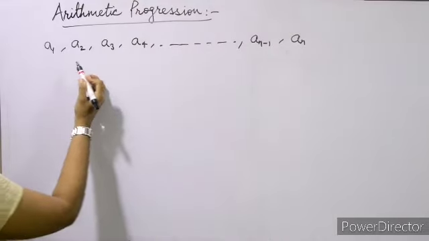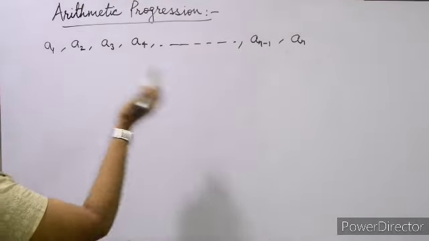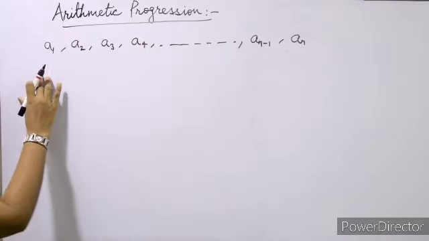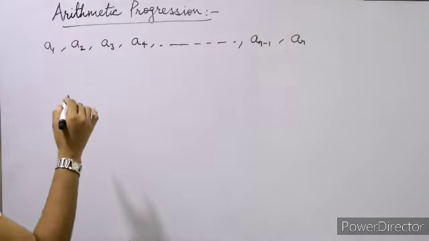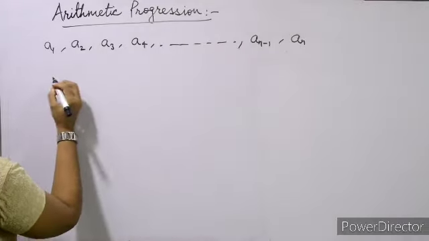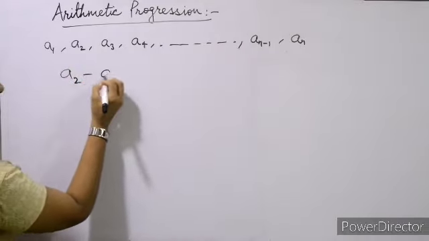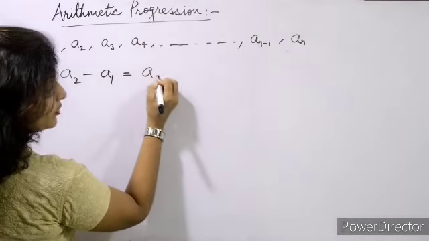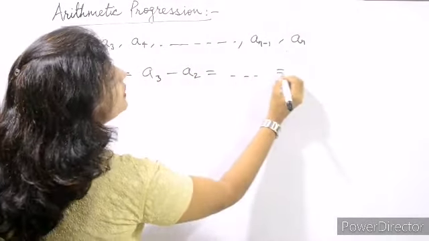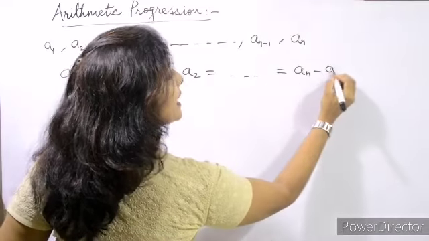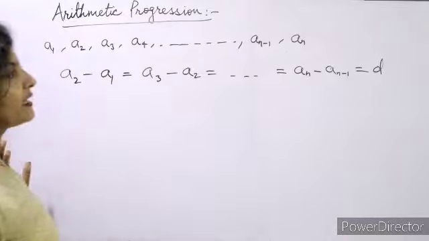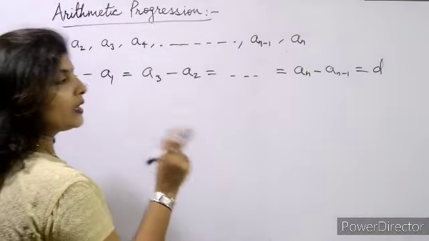A sequence is given: A1, A2, A3, A4 up to AN. This sequence will be called an AP, arithmetic progression, if A2 minus A1 is equal to A3 minus A2 is equal to dot dot dot AN minus A(N minus 1) is equal to D. D is the difference between any two consecutive numbers.